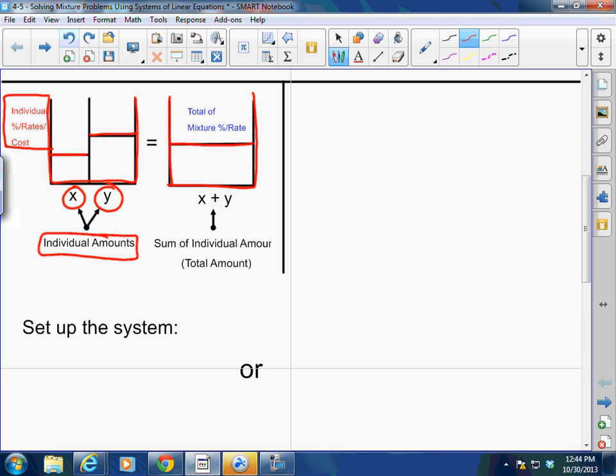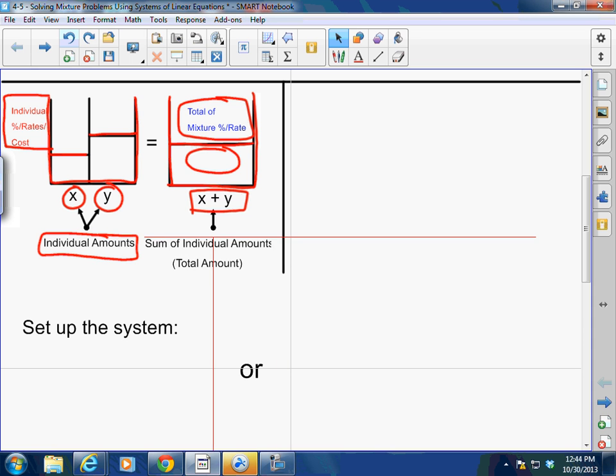When you set these up and you combine them, this inside of here is going to be the total of the mixture, percent, or rate, or the total cost. This down here is the sum of the individual amounts.